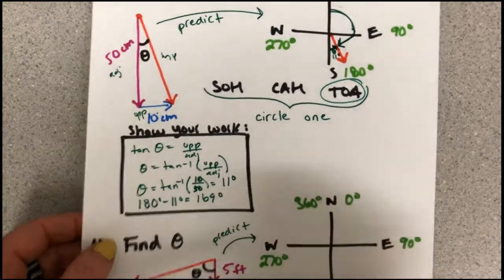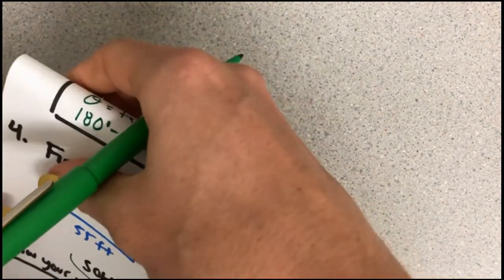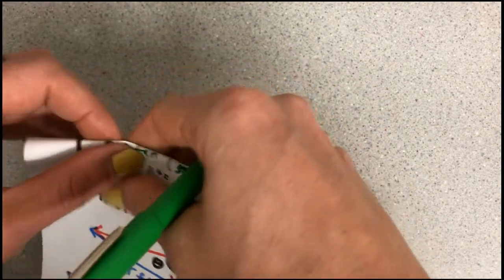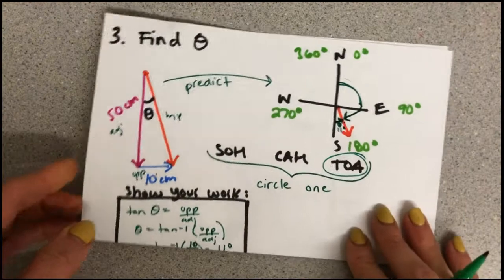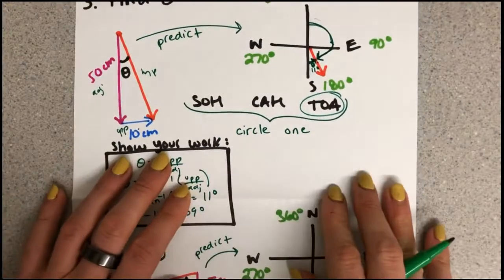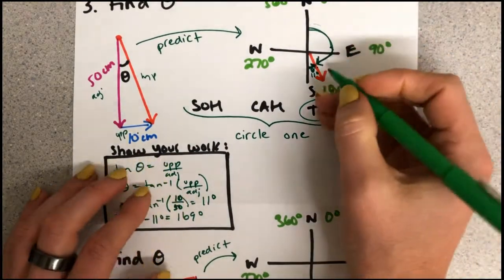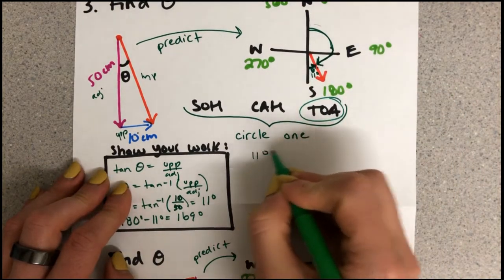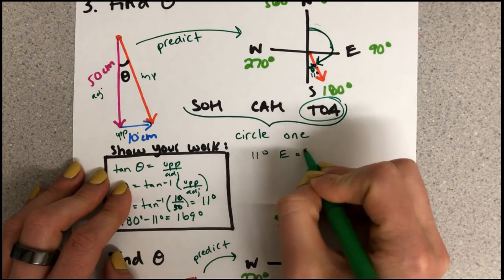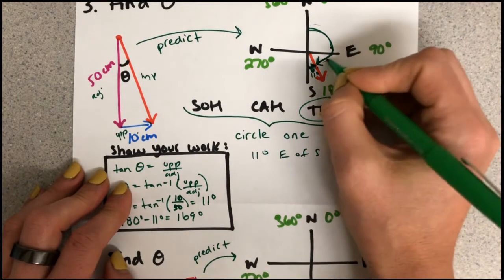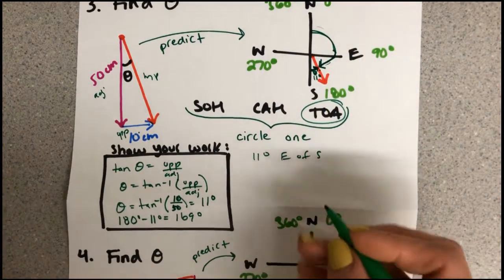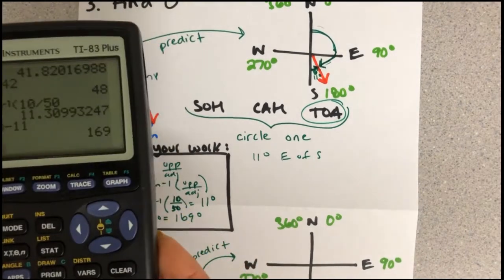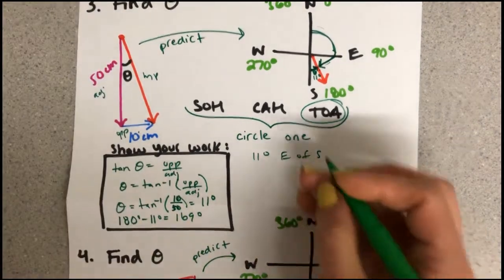Okay, last one. Oh wait, actually go back to this one real quick. You could also have said that this is 11 degrees east of south. Oh, and you could also say 90 minus 11 is 79.